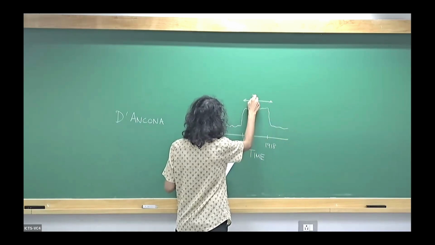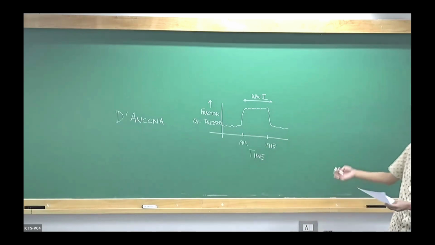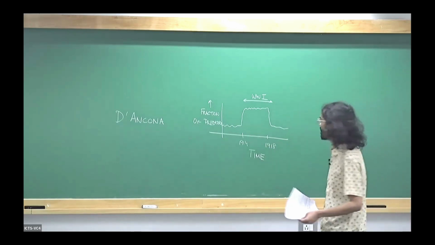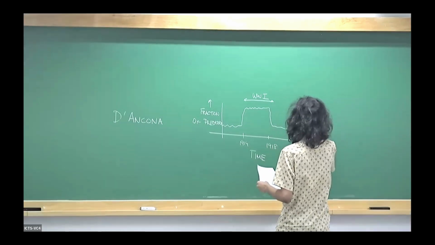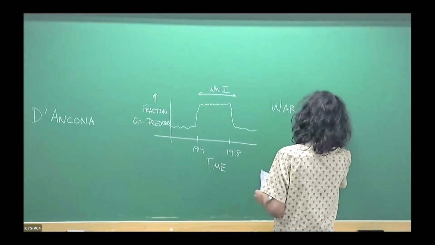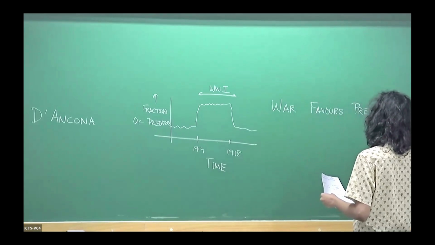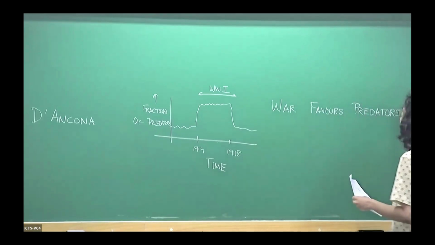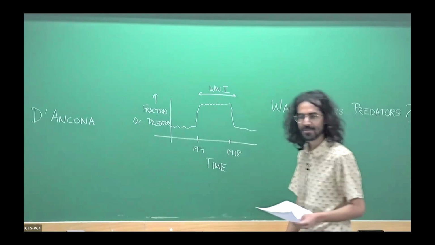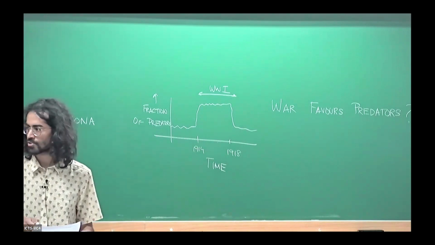This period over here is roughly World War I. And this seems kind of puzzling, right? Because this led him to maybe conclude this poetic thing, which is that maybe war favors predators, and maybe there's some poetic sense in which that might be the case. But presumably one wants to understand this from a mechanistic point of view. And so where did Volterra come in this story?